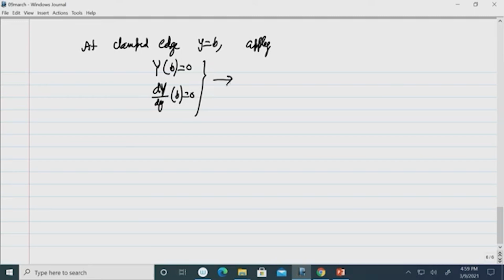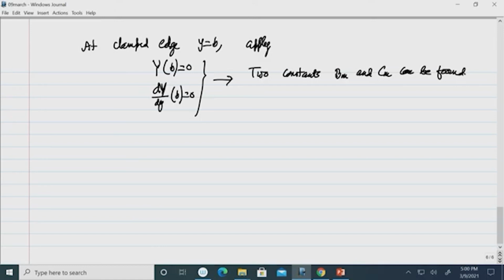So, using these two conditions, the other two constants, say b_m and c_m, can be found. So, these two conditions will give you two equations again with b_m and c_m, because a_m and d_m are already evaluated. So, now you get the 4 constants of integration that resulted due to unsymmetrical condition of boundary.